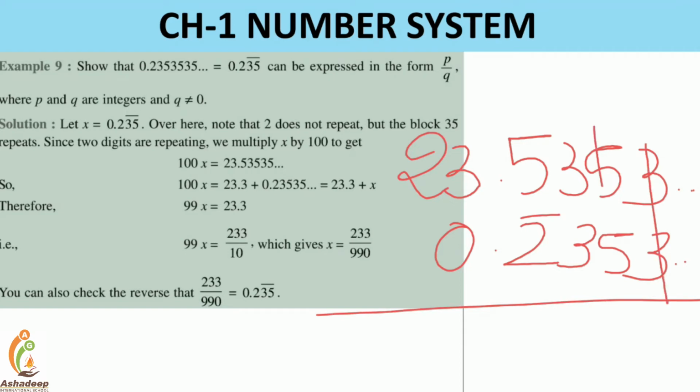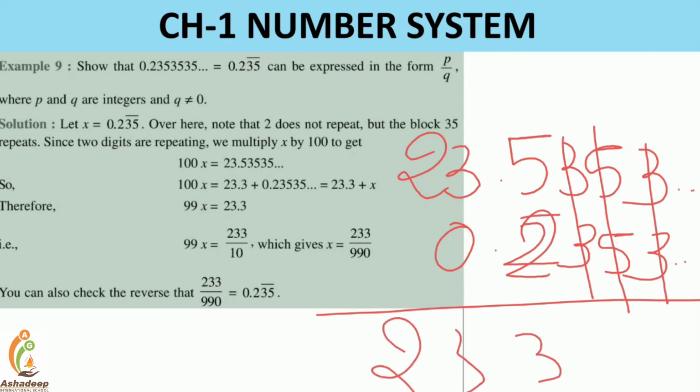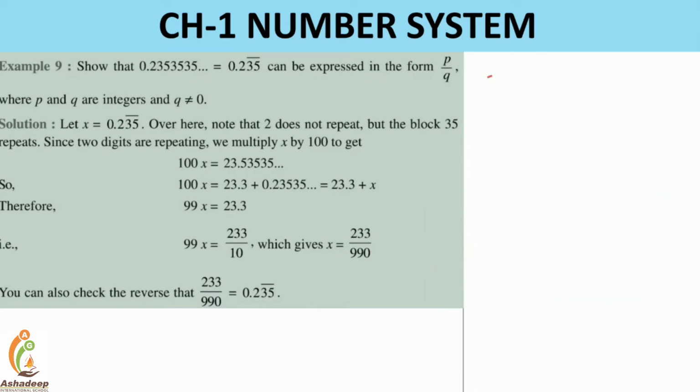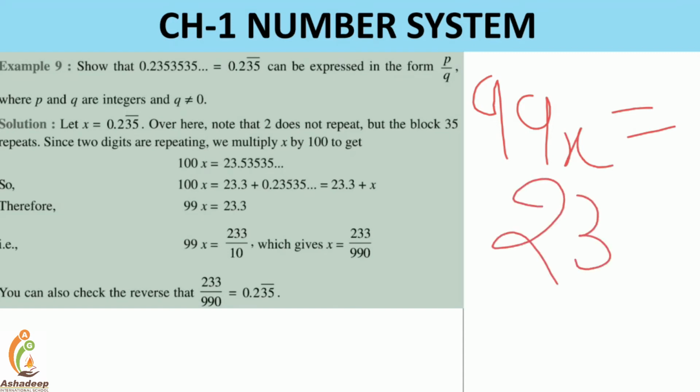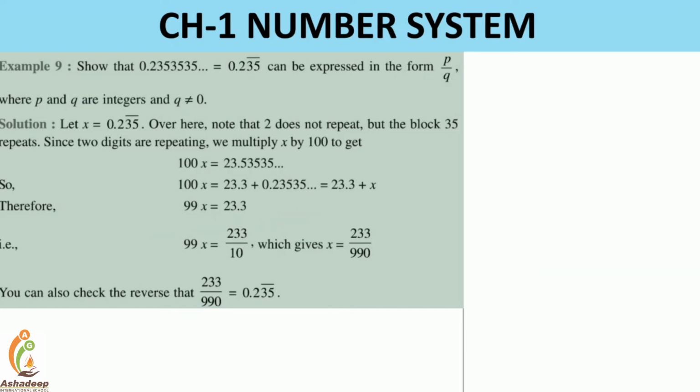So 3 3 cut, 5 5 cut, 3 3 cut. Now 5 minus 2 is nothing but 3, and here 23 as it is, so the answer is 23.3, right? So 99x is equal to 23.3, right? See here, I hope you get that one, right?